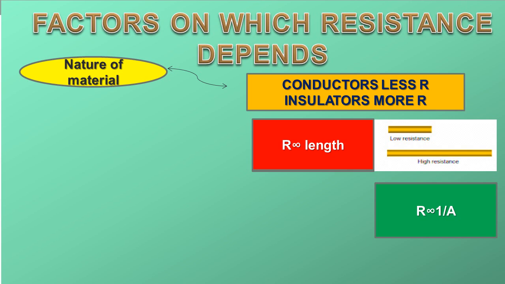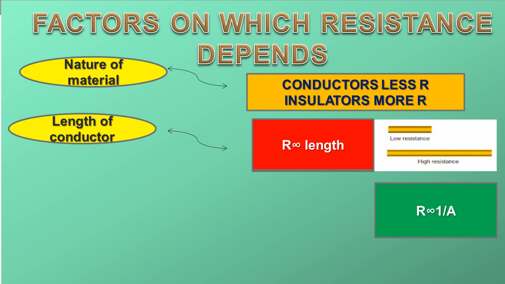The second factor on which resistance value depends is the length of conductor. As we have earlier discussed the example of a crowded metro and you are traveling across it, imagine if this metro is more lengthy, then there is more obstruction in your way.